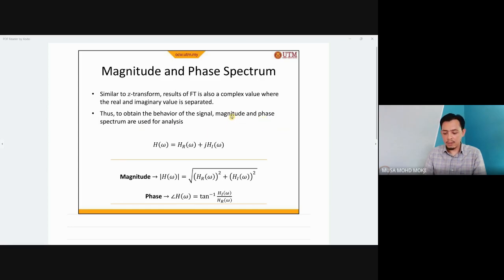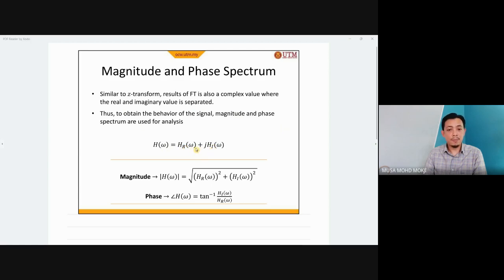Okay, so why do we have this magnitude and phase? Because the result is actually a complex value. H omega has one part which is the real value of the transform, and then we have the imaginary part of the transform.